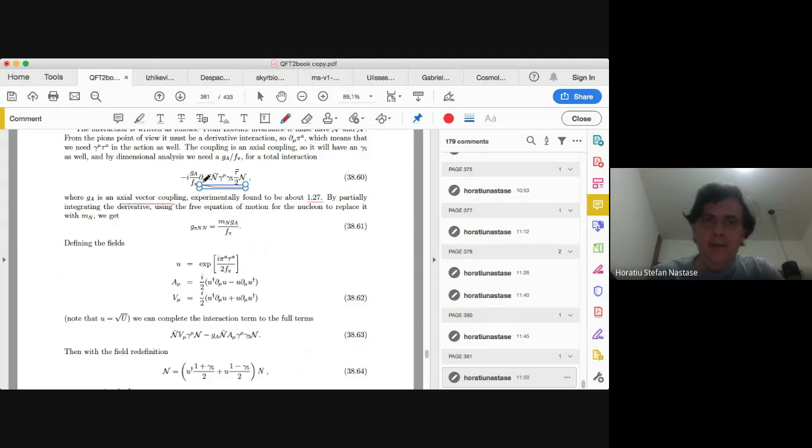Then by partially integrating the derivative onto the nucleon and using its equation of motion, which says that d slash n is mn, I can write this.